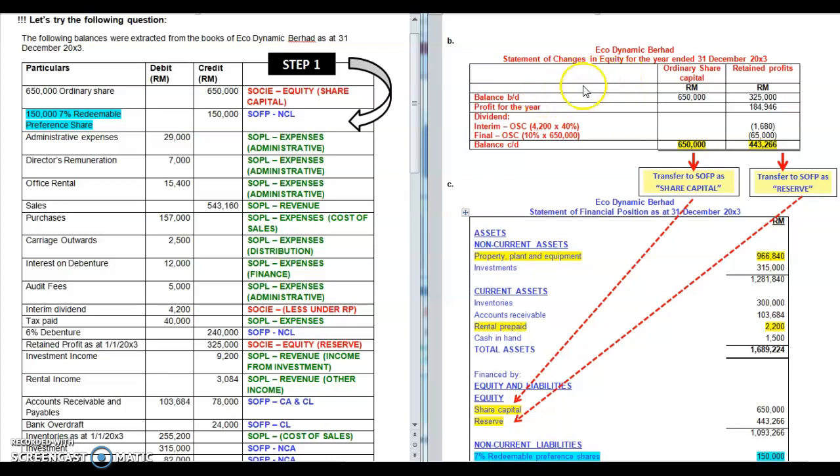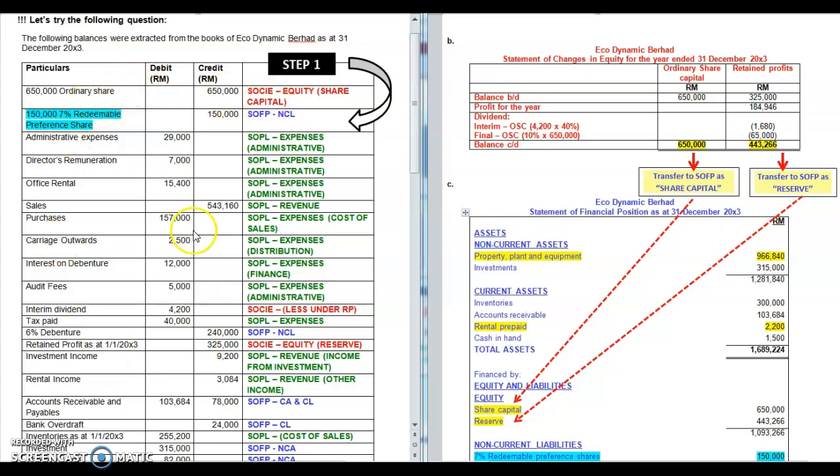So let us prepare this statement by gathering the information needed first. Based on this question, we have identified and allocated all of these items into the correct element and into the respective statement.